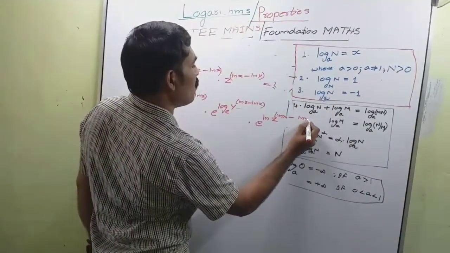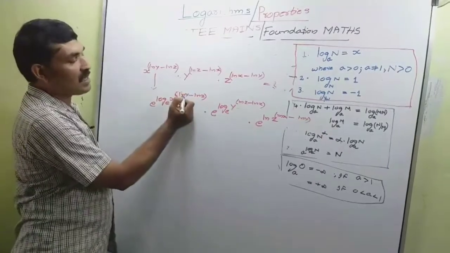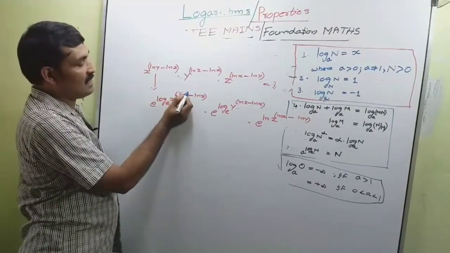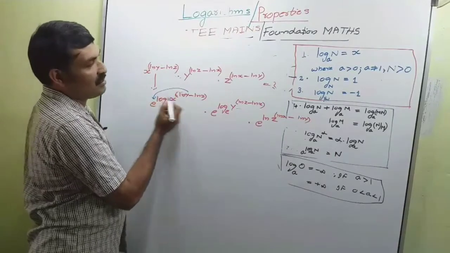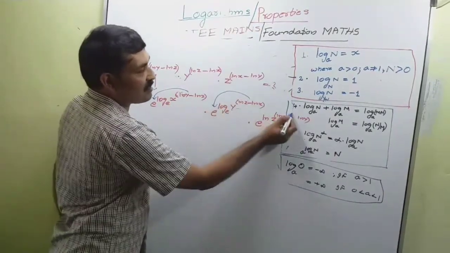minus ln y. Now this term ln y minus ln z will jump to here. This term will jump to here. This jumps to here.